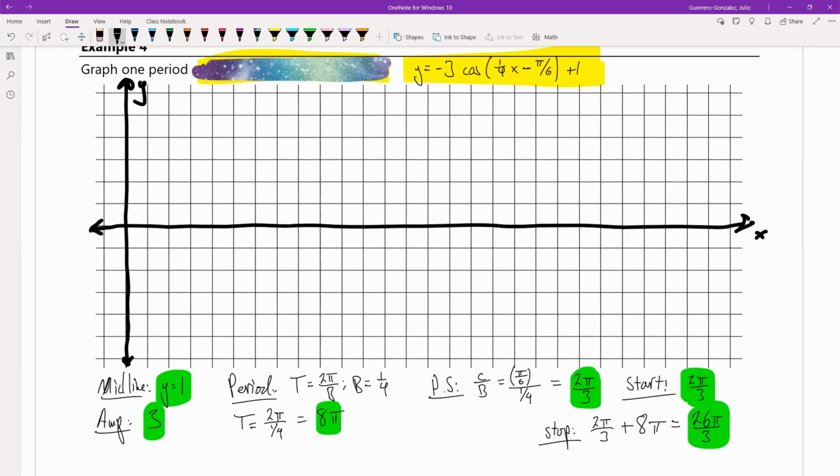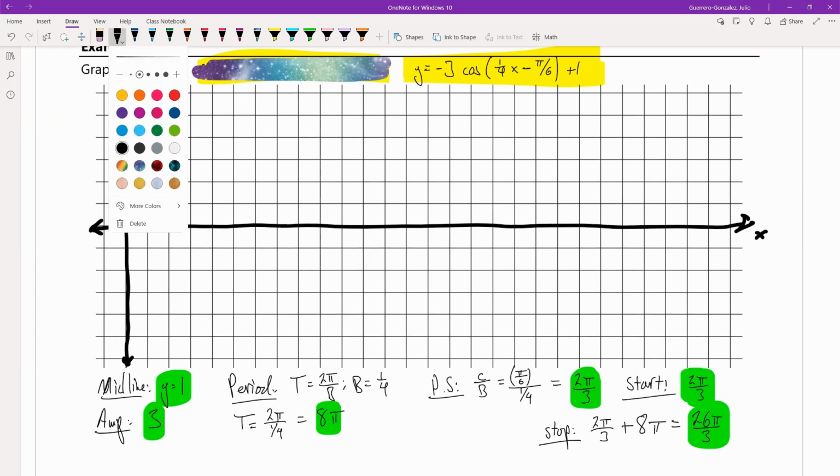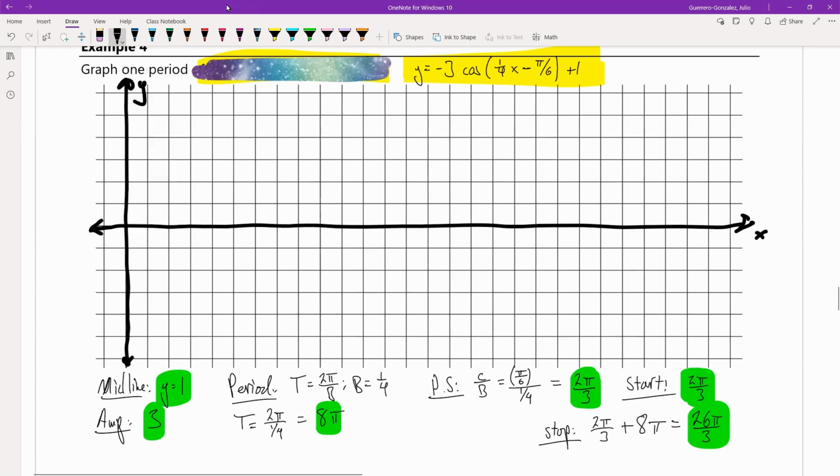Okay, X and Y. Like I said, you can grab your X axis and divide it however you need to. In this case, I'm going to divide my X axis where 1 square is going to be 2 pi over 3.